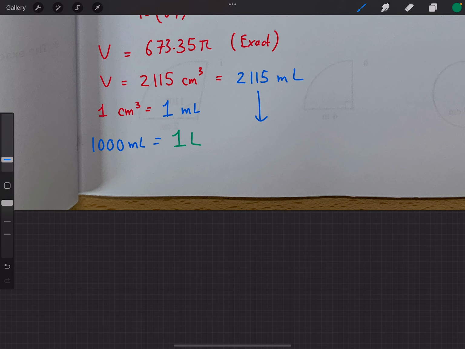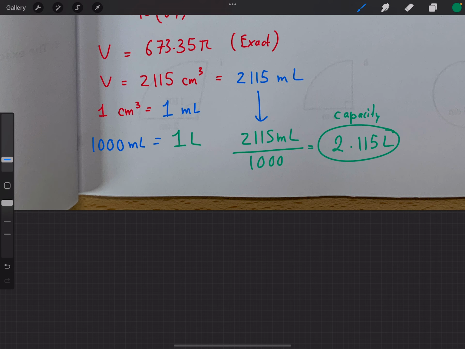So to get to liters, all we have to do is take 2115 milliliters divided by 1000, and you're going to get 2.115 liters. There you go. This is the capacity.